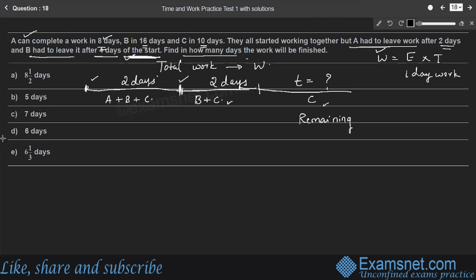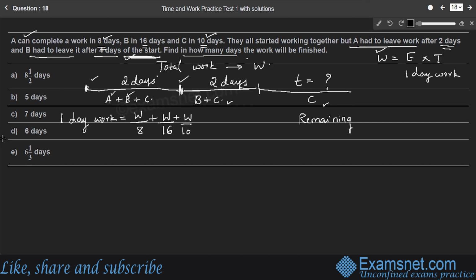Therefore A's 1 day work becomes total work by number of days taken, W by 8. Along with A, B is also working. B can complete the work in 16 days, so his 1 day work becomes W by 16. Plus C can complete the whole work in 10 days, so C's 1 day work becomes W by 10.